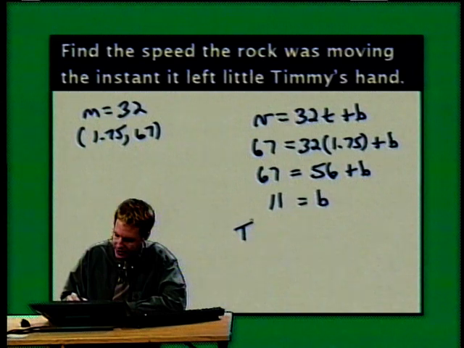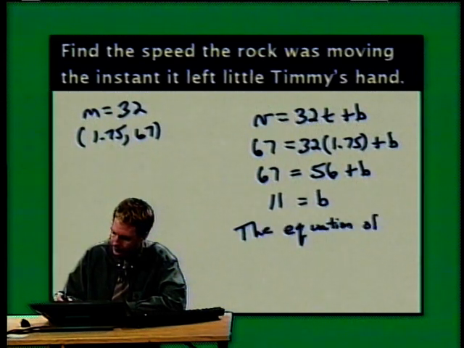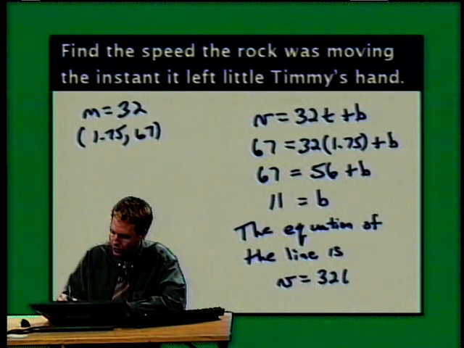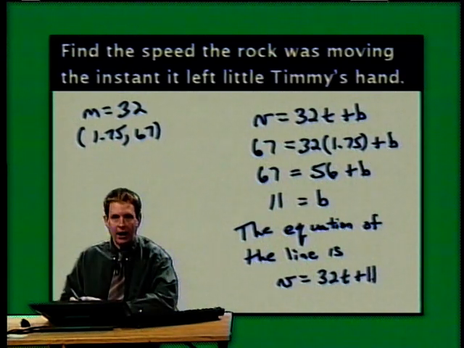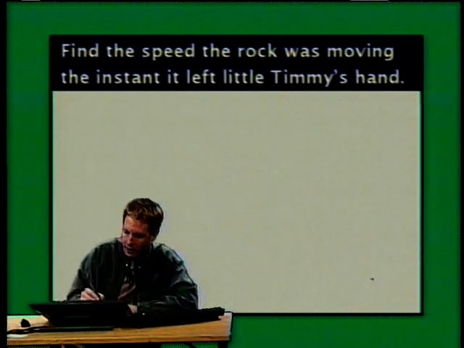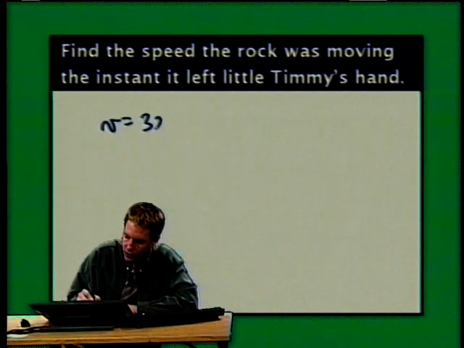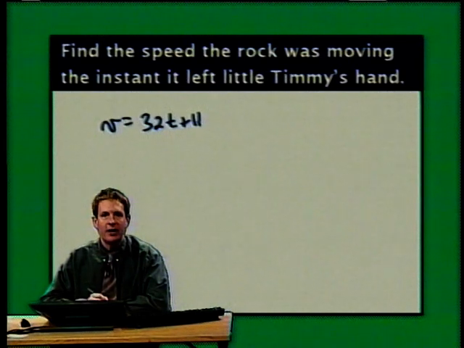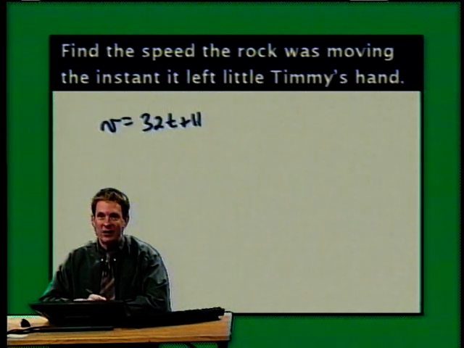So the equation of the line is v equals 32t plus 11. We're trying to find the speed the rock was moving the instant it left little Timmy's hand. The instant the rock left little Timmy's hand is t equals 0. When t equals 0, v equals 11.